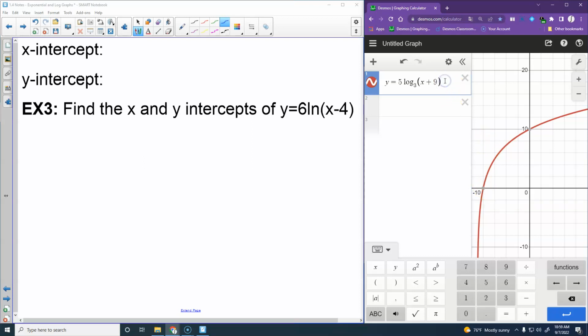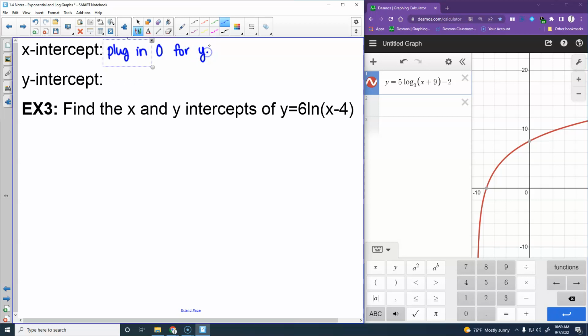If I put a -2 right here, that changes my graph again. What's my Y-coordinate? 0. So anytime you have an X-intercept, your Y-coordinate is 0. So we can plug in 0 for our Y.